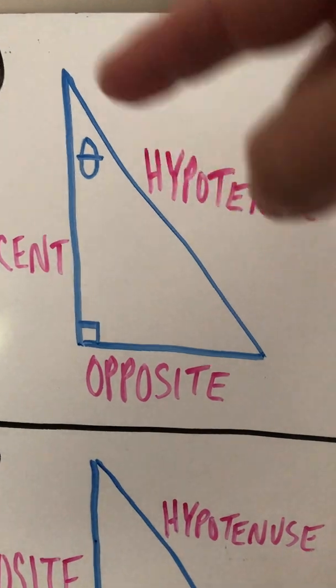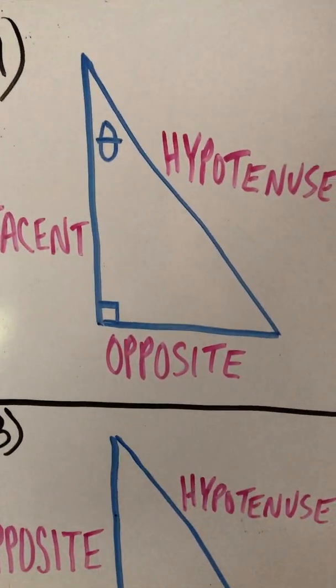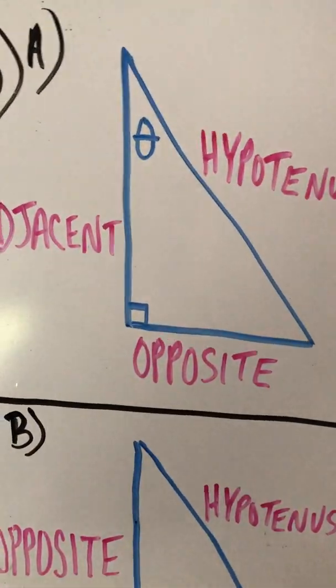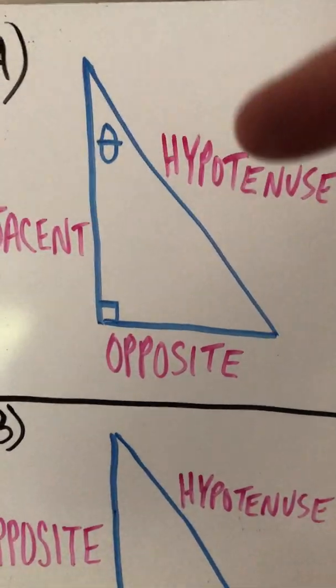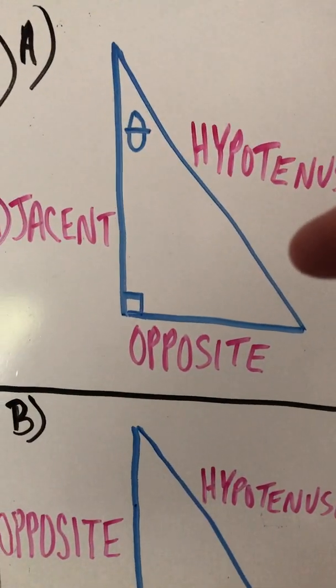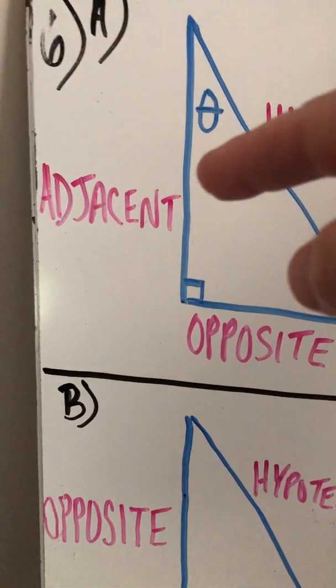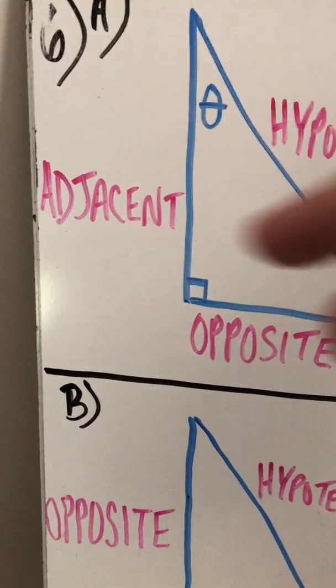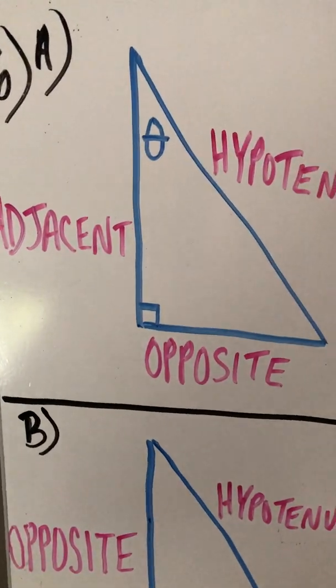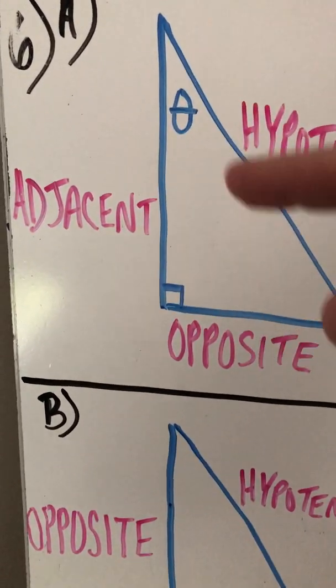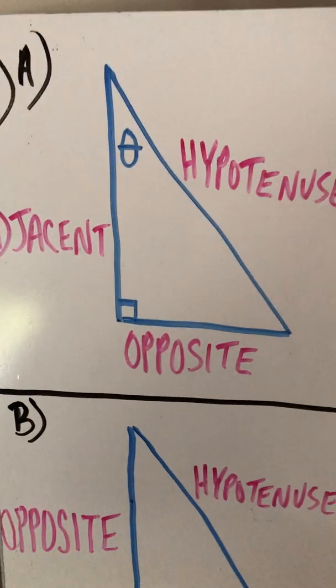And this, of course, is called the hypotenuse. You might be thinking, isn't the hypotenuse also adjacent? Well, yes, but we call it the hypotenuse. So the side that isn't the hypotenuse, that's next to the theta, is called adjacent. So this is opposite, this is adjacent, and this is hypotenuse.